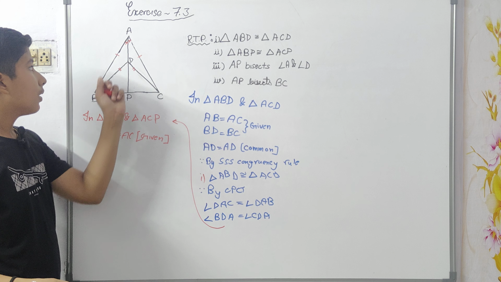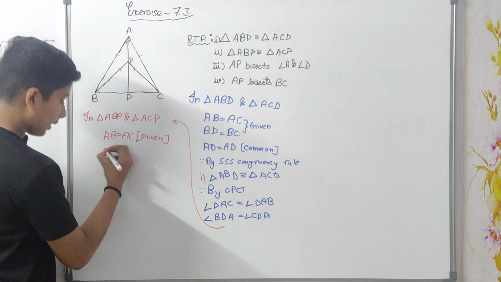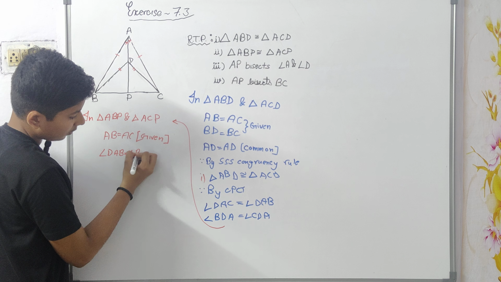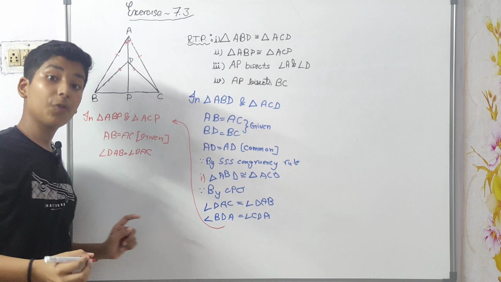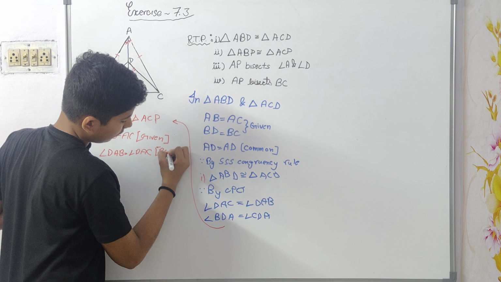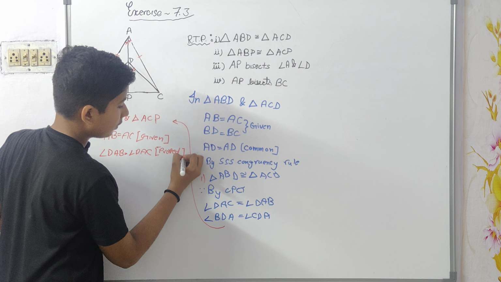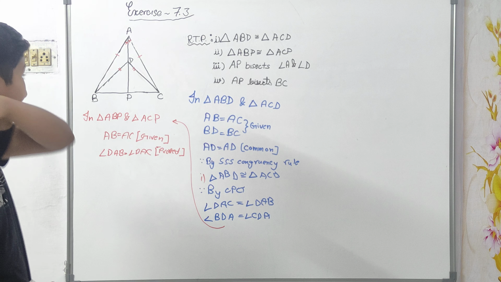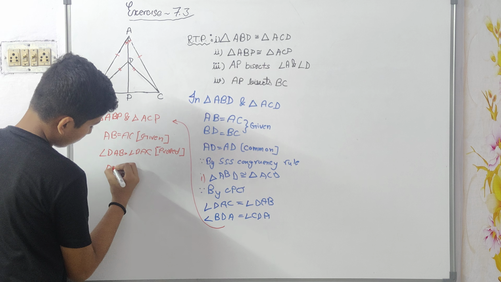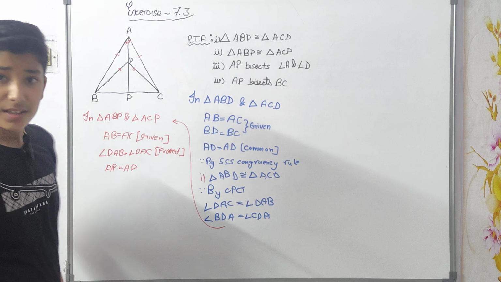Now angle DAB equals to angle DAC. Now what you will write in bracket? Proved. And at last we'll write AP equals to AP. Why? It is common.